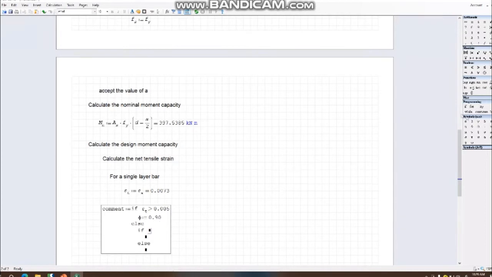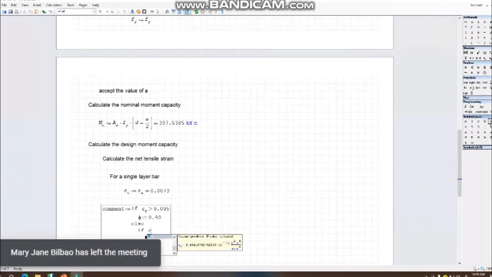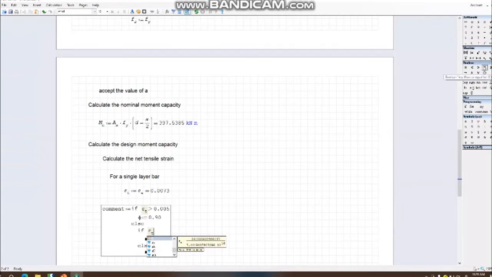If ang atong epsilon P, let's say, is less than 0.002, then the value of atong reduction factor is 0.65, no? Or else, magamit ka itong formula natin. Here's the formula.